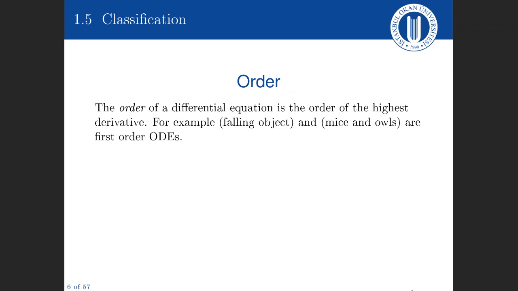Another thing to talk about is the order of a differential equation. This is just the order of the highest derivative in the equation. So, for example, the falling object and the mice and owls equations are first order ODEs.